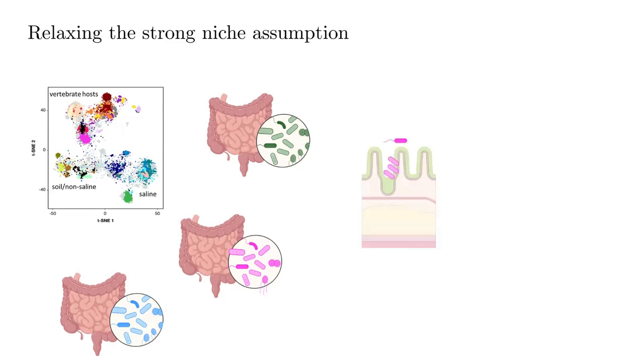Or you could zoom in to a finer scale and say, well, if we go into a particular region in the gut, for crypts, for instance, the conditions are so similar that if you find a diversity of microorganisms there, they're not really selected by the niche. They're there for other reasons.